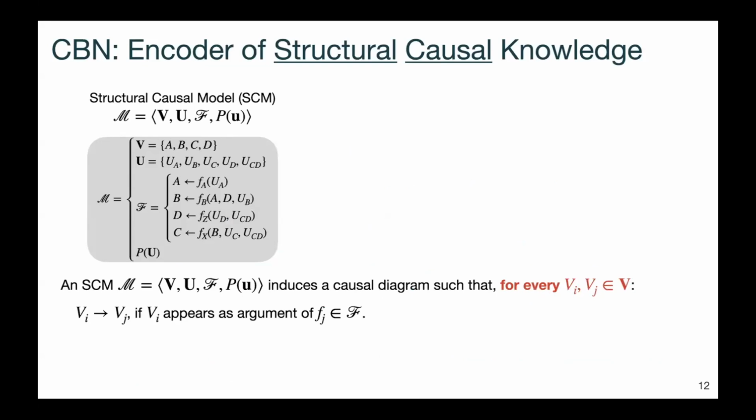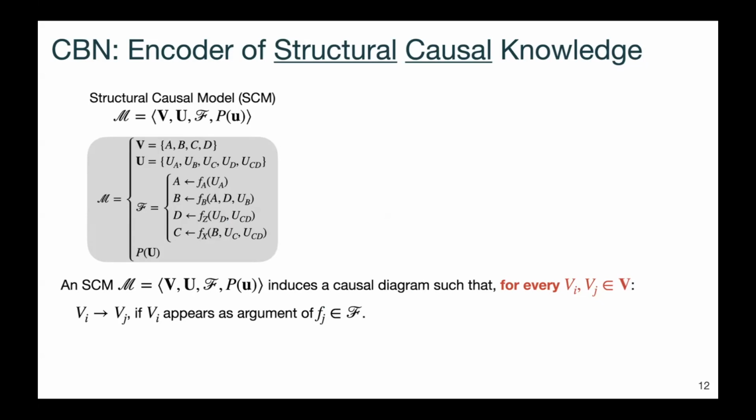For the structural causal model, you don't need to know the functions, so I don't even write them here. It's just F. I only need to understand how the variables are connected, or which variables are arguments of the functions of the others. One of the conditions here is that if we have Vi as an argument of the function of a variable Vj, here Fj is the function for Vj, then we add Vi pointing with a directed edge to Vj.